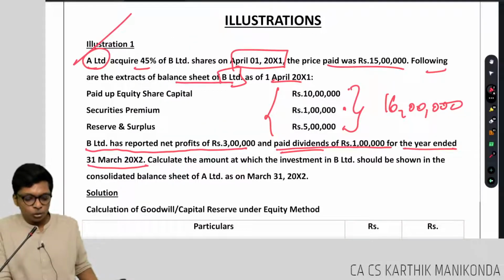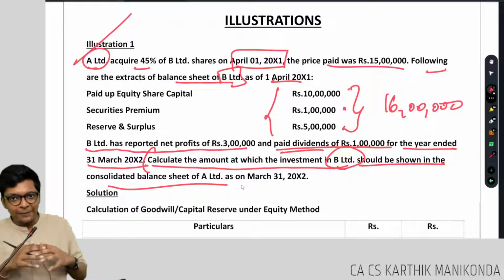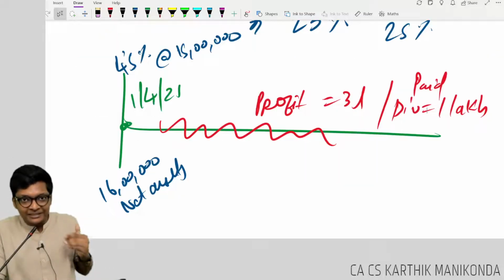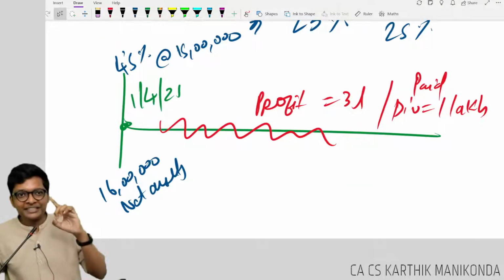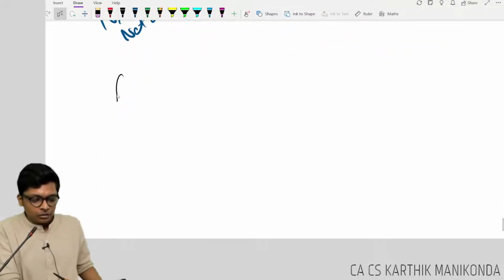They are asking you to calculate the amount at which the investment in B Limited should be shown in the consolidated balance sheet of A Limited. I am assuming here consolidation is happening along with other subsidiaries. Let's go step by step with what we learnt. What is the first step? Cost of investment.